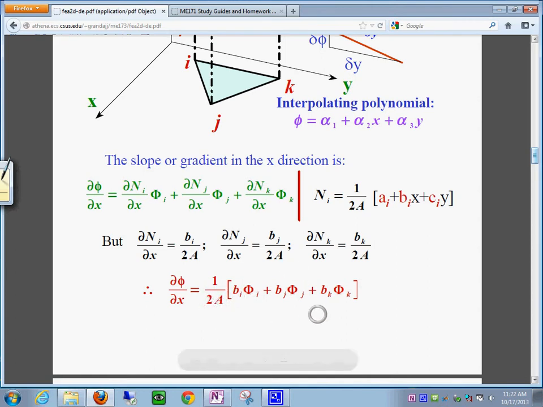So what I'm trying to say is that when you apply Galerkin's method and you calculate the inclination of the plane, it becomes easy to predict the plane inclination along the x-axis and along the y-axis. All right.